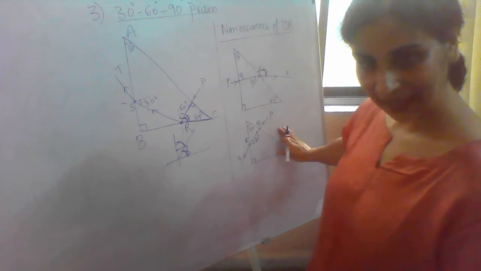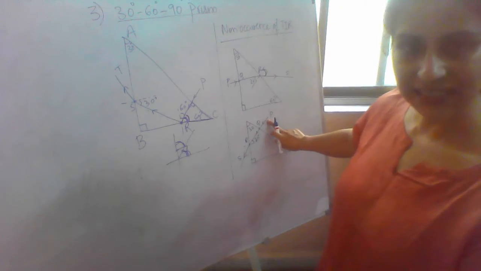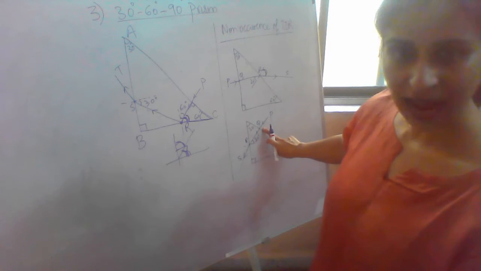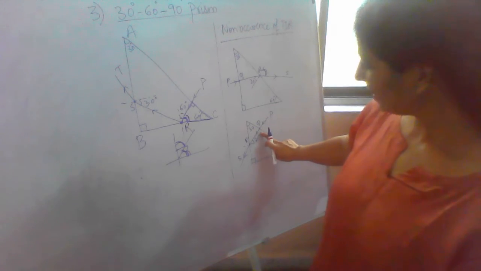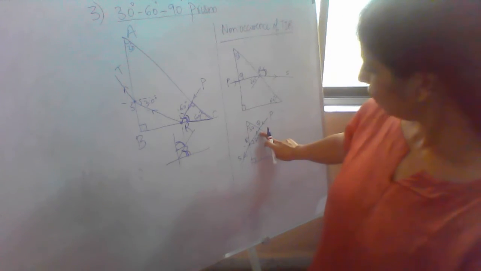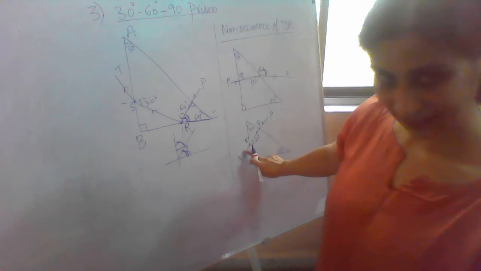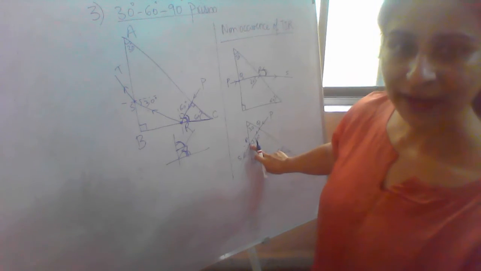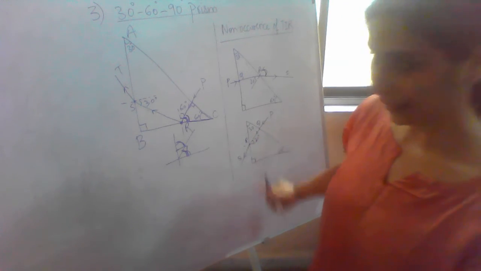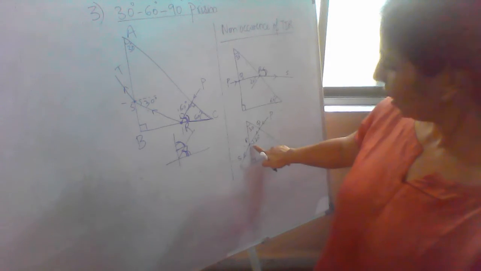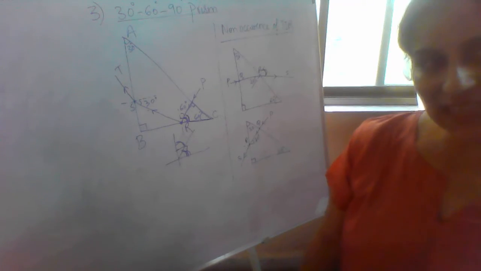Now the second case. Here the ray of light is again coming straight, P, and striking at Q at 90 degrees, so it will go straight inside. It strikes point R at 30 degrees, which is obviously lesser than the critical angle.